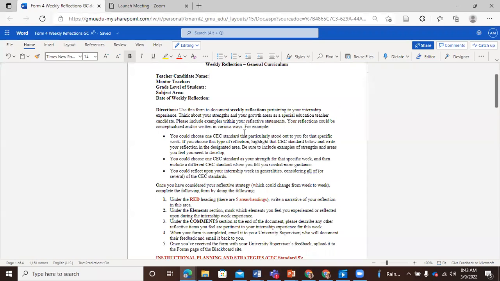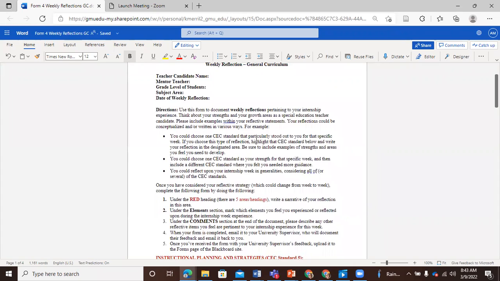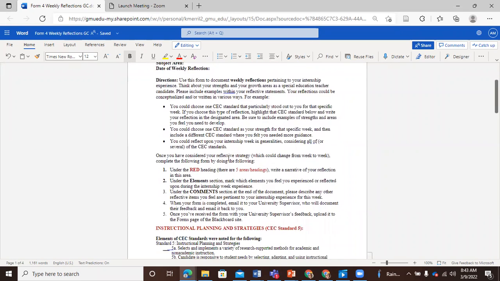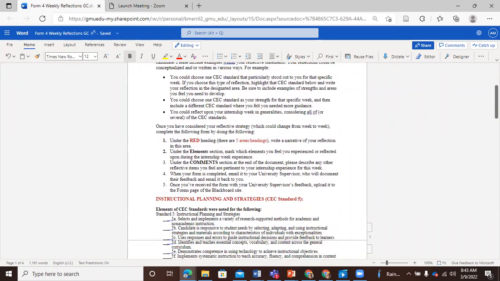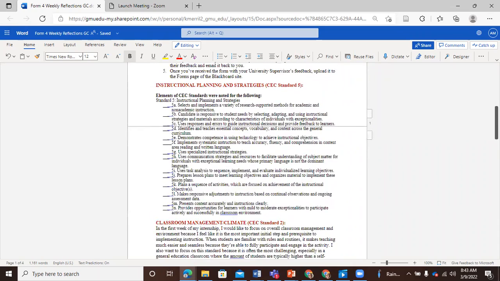Within this weekly reflection, there are detailed directions for completing the form, but I just wanted to reiterate some of these important things so that there isn't any confusion as you're completing your logs. So this is the form itself. We talked about it.